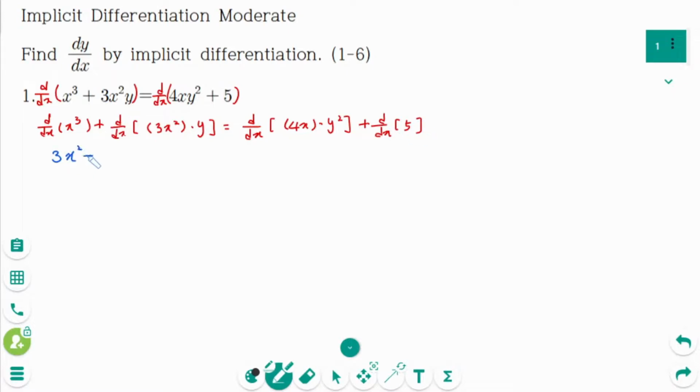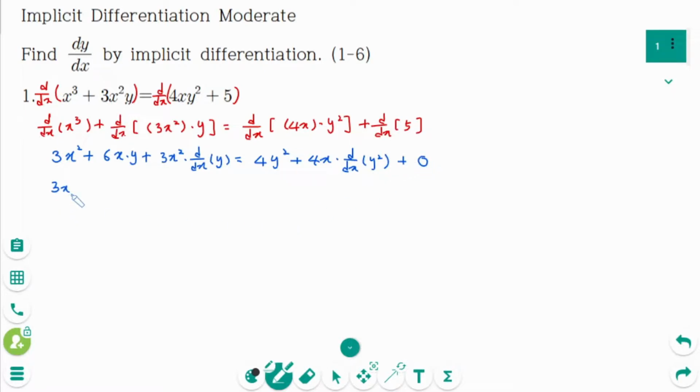3x squared plus, using the product rule, 6x times y plus 3x squared times d/dx of y. Using the product rule again, 4 times y squared plus 4x times d/dx of y squared plus 0.